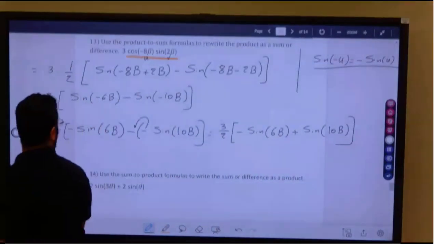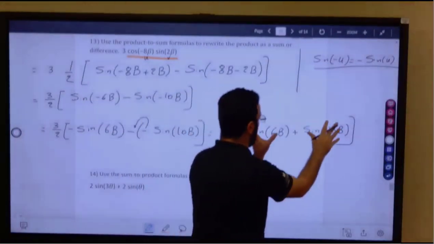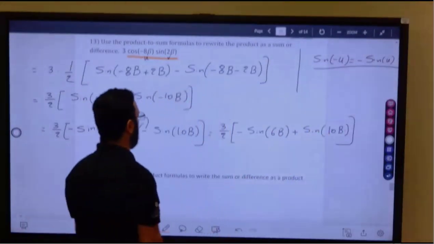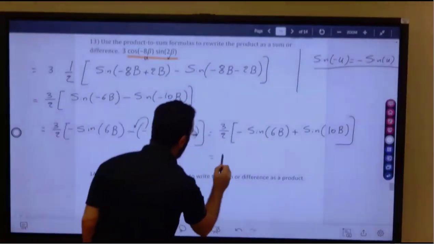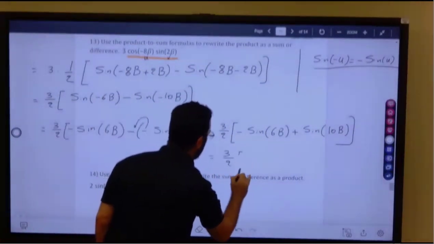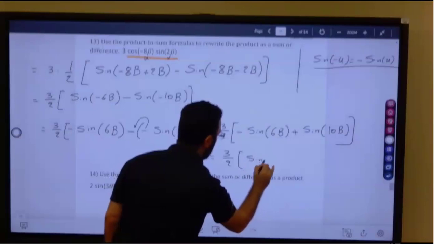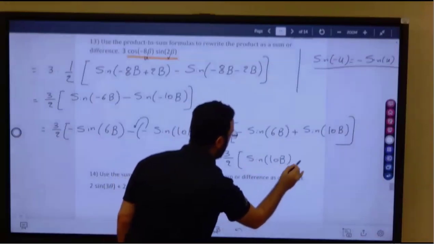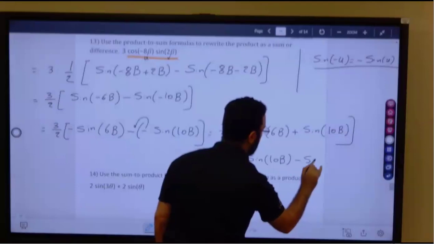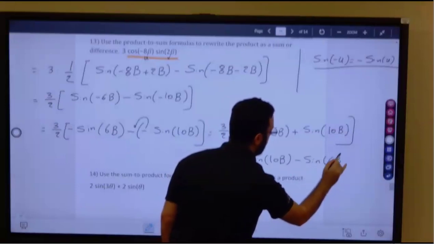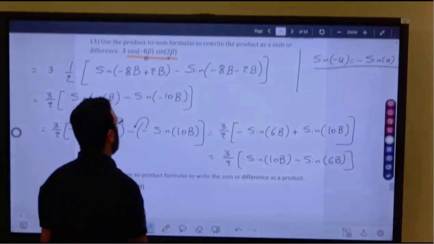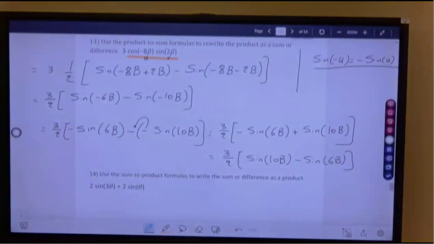That's it. Or you can write it like this by switching these two terms, and it's also right. Now you can write 3 over 2 sine 10b minus sine 6b. Both are right. That's it.